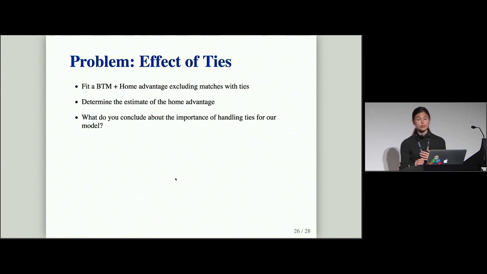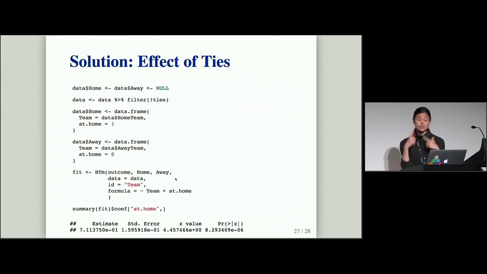The way to do this is to filter out those draw cases and refit the model as we did before. So here I've gone through those steps and isolated the at-home factor that resulted once we excluded ties. And what do we see happens?